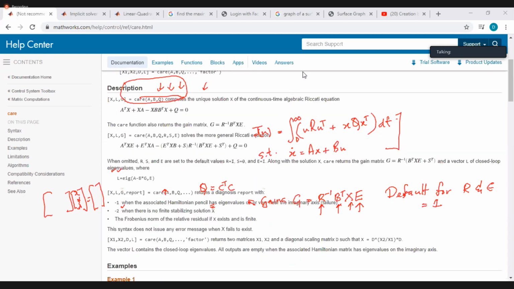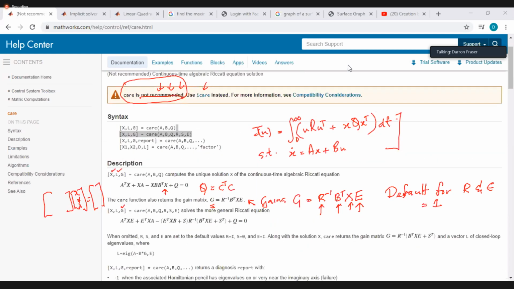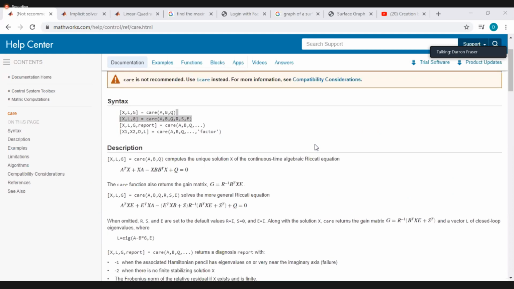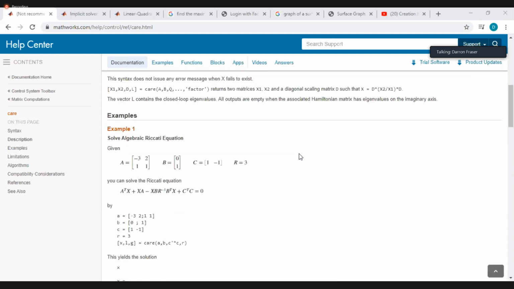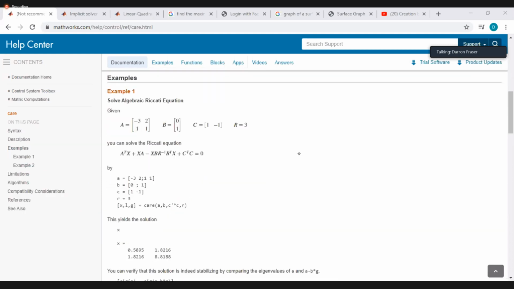So let me look at an example. It is simple to use really. So they give the equation, and here's one question that I honestly don't know the answer to.